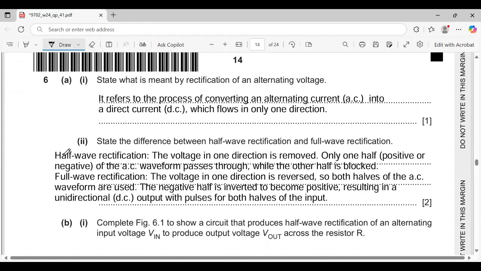The difference between half wave rectification and full wave rectification is the voltage waveform after rectification. For half wave rectification, the wave is like this, and for full wave rectification, like this.